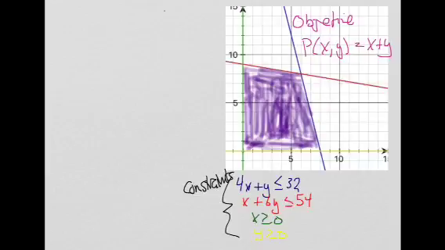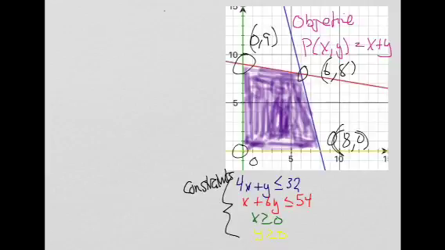So let's go ahead and find our vertices. This looks like 0, 9. This one looks like it would be 6, 8. This one looks like it's going to be 8, 0. And this one, of course, is 0, 0.